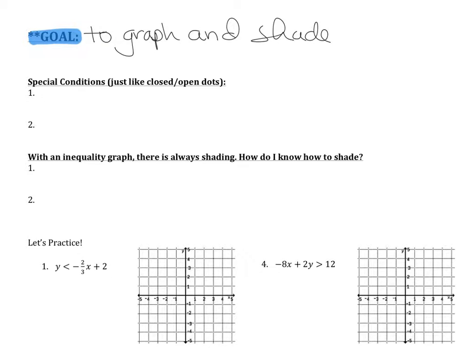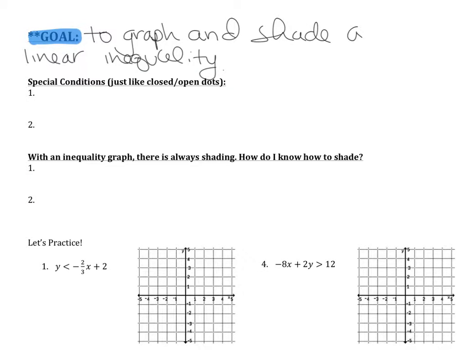And I'm going to say actually a linear inequality. So the way you graph a line is the exact same. The only thing that's different are these two bullets down here. These two bullets down here are the only things that are different about an inequality.